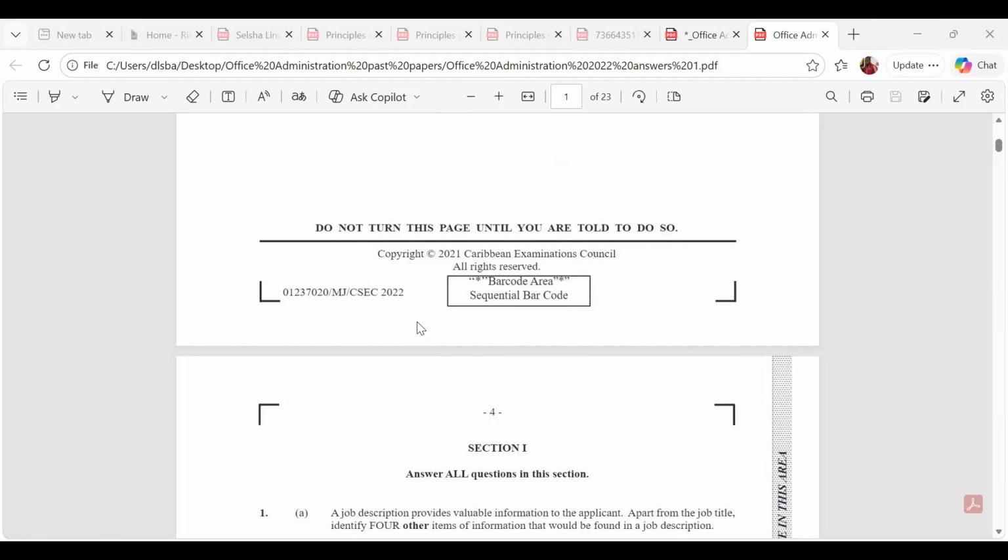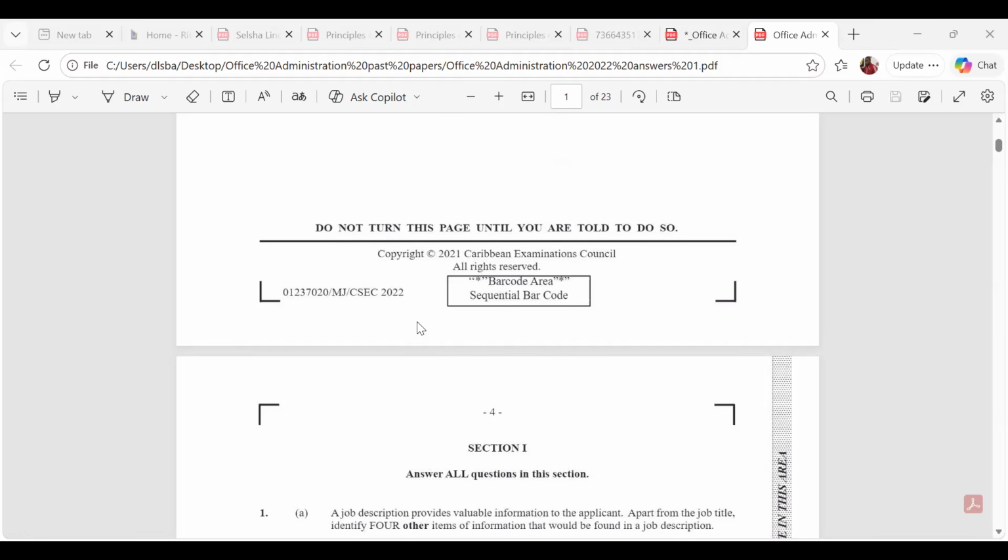Roles and functions. What else? The skills required. All right. 2 more. How to work the equipment?